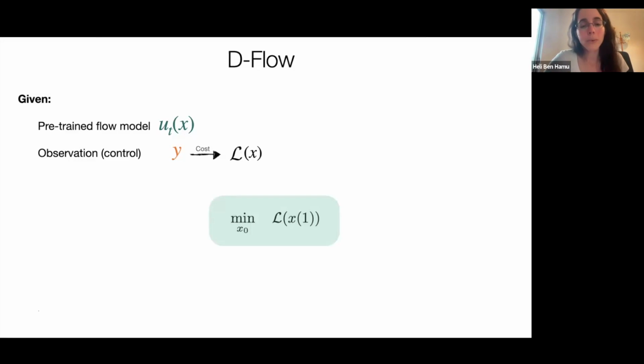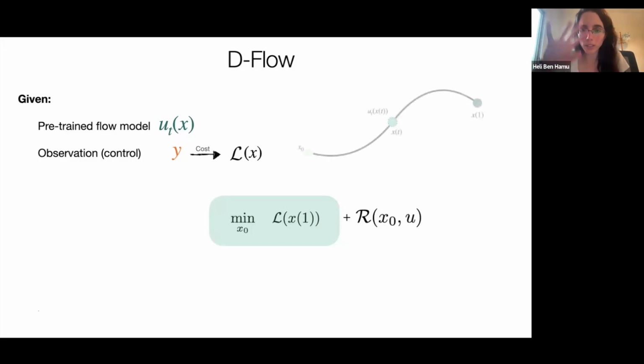So our only parameter in the optimization is going to be x0, which is the initial point of our generation. And sometimes we will also add some regularization to this cost. We're going to see it in the noisy case applications.